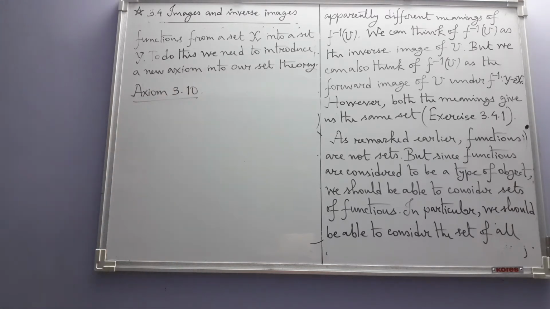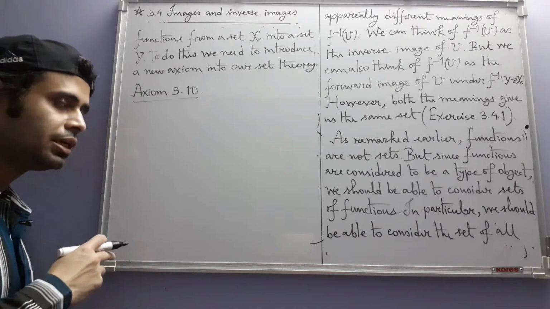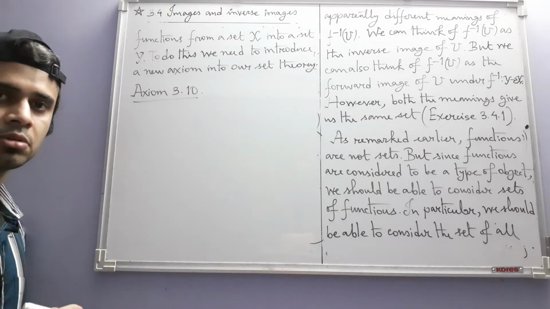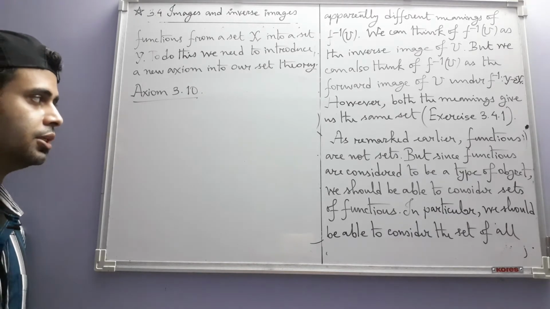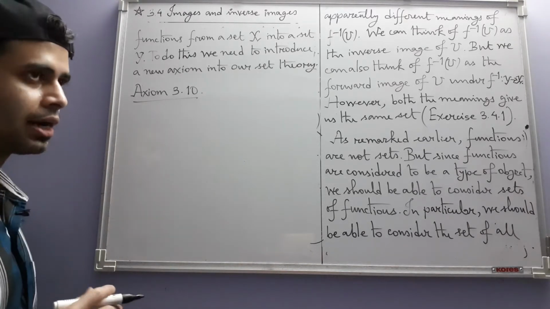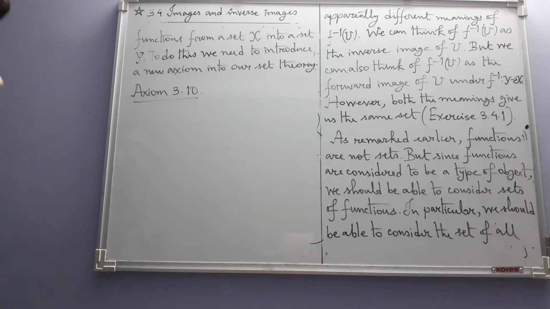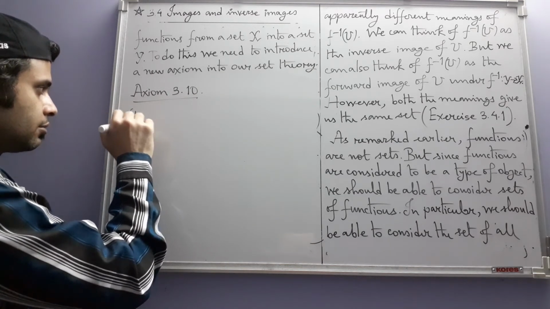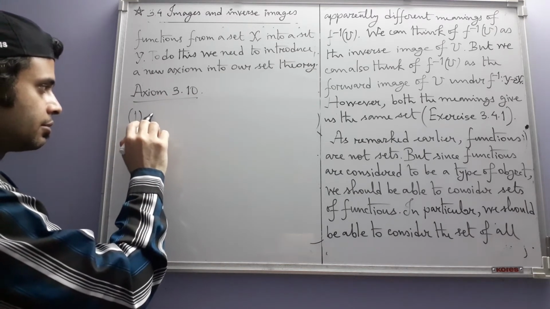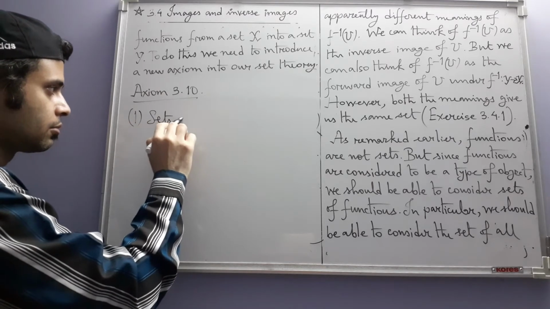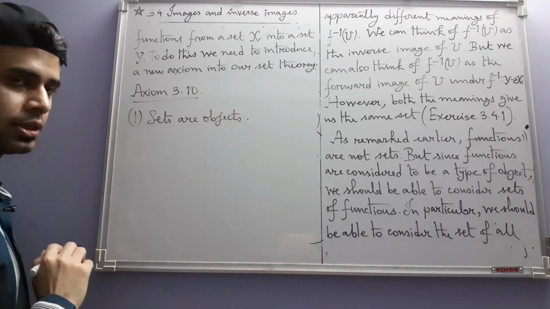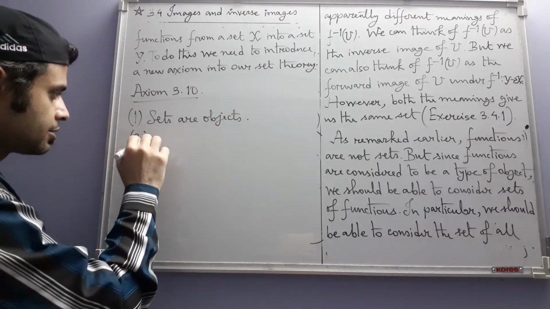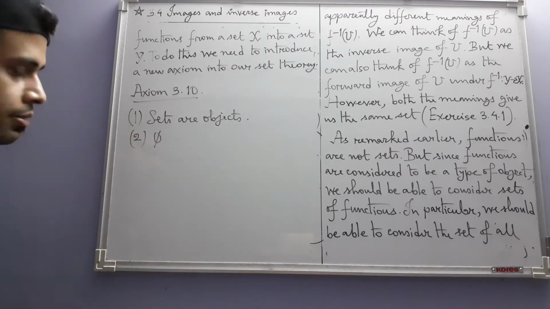Okay, before we write this, however, can we quickly recall what the axioms were, just for the sake of refreshing our memory? How many axioms have we had so far? There is that first axiom that sets are objects. Then the second axiom is that there is an empty set.